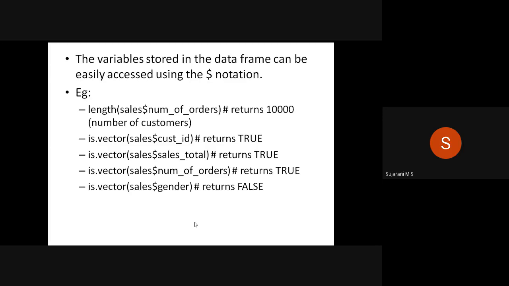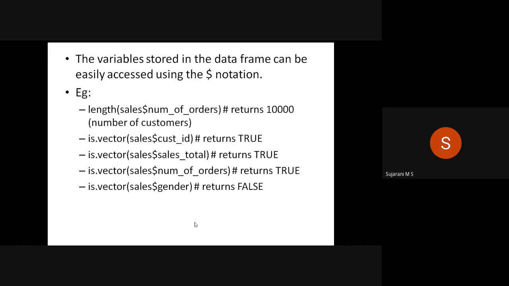Okay, then how to access variables, that is data, in a data frame. How to access variables or data from a data frame. For that, we use a notation called the dollar symbol. Using the dollar symbol, we can access data from a data frame. So some examples are given here.